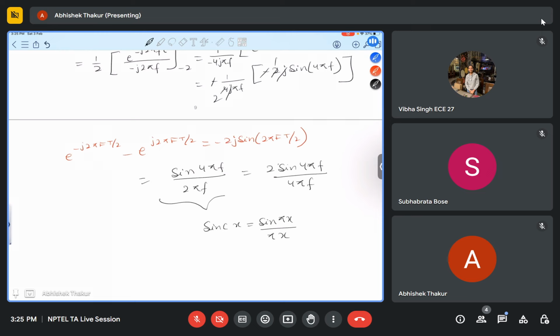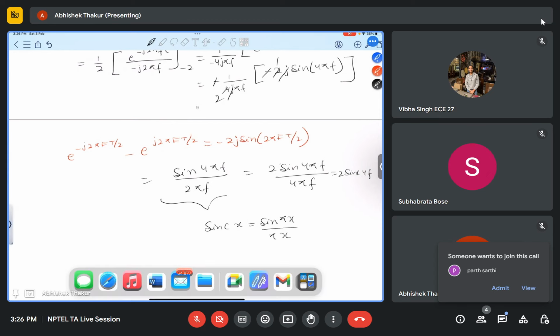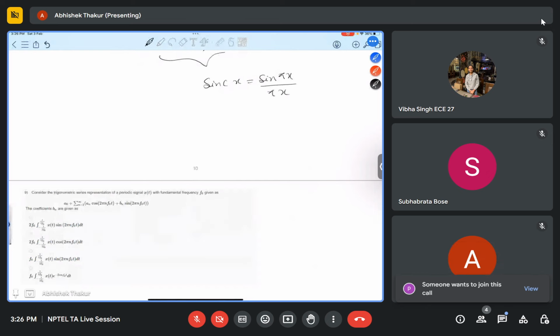So here x is 4f, so this will become 2 into sinc of 4f. We can write in terms of sinc also. So now we'll move on to the next question.